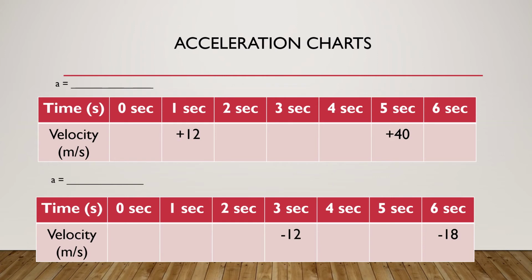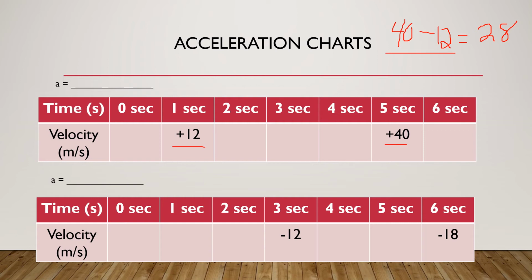But what if they're not right next to each other? What if we have a number here and a number here, and they're all the way apart? You are still going to do the right number, 40 minus 12. Right minus left. 40 minus 12 is 28. But now we have to divide it by the time.